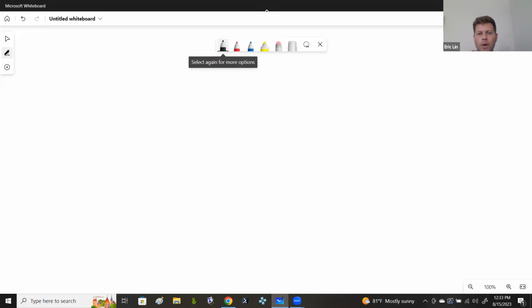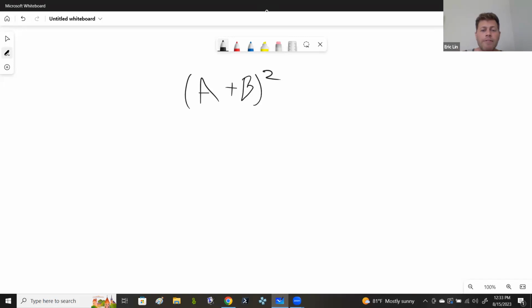All right. So there is another situation that I want to talk about, and that's if we have this situation. If I have a binomial term that is squared, so in other words, I have two of the same binomial term, what does that end up looking like, and how can I factor it nicely?